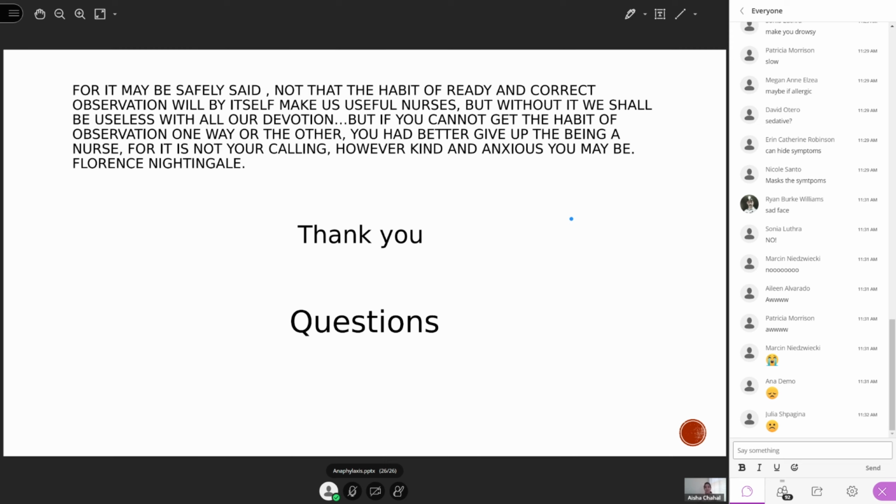We as nurses are useless, no matter how compassionate we are, if we are not able to observe and assess the patient. She says, "But if you cannot get the habit of observation one way or the other, you had better give up being a nurse, for it is not your calling, however kind and anxious you may be." Very straightforward.